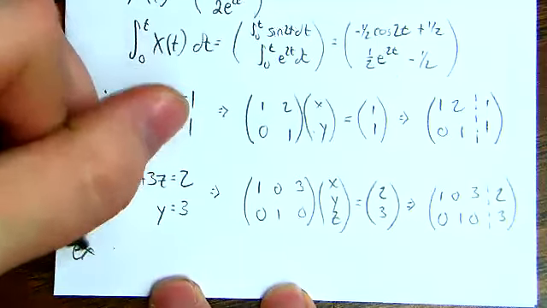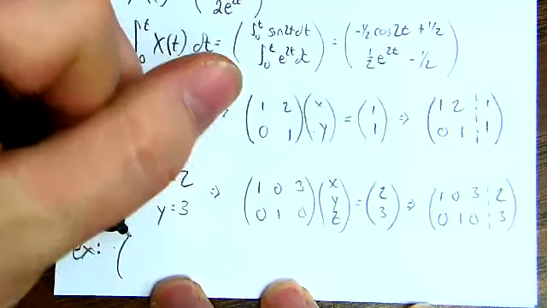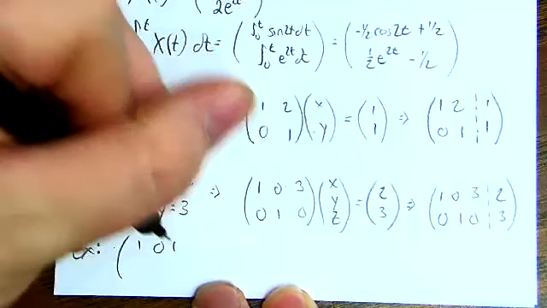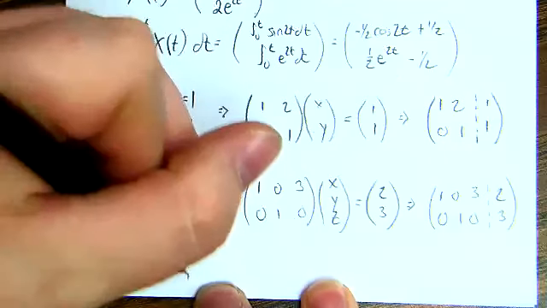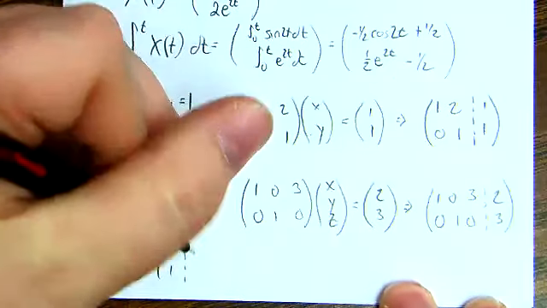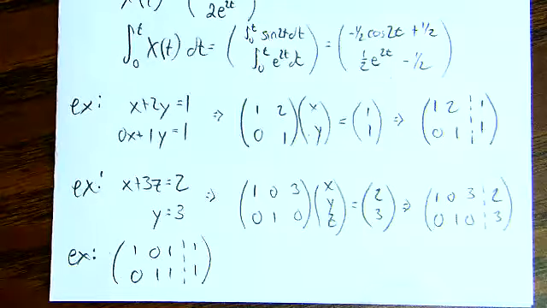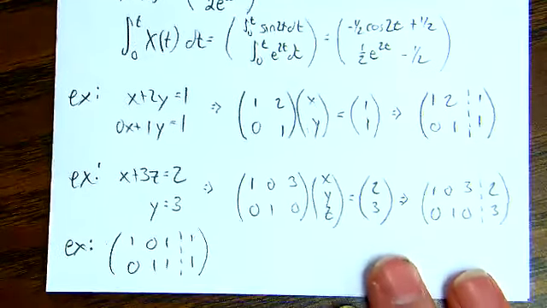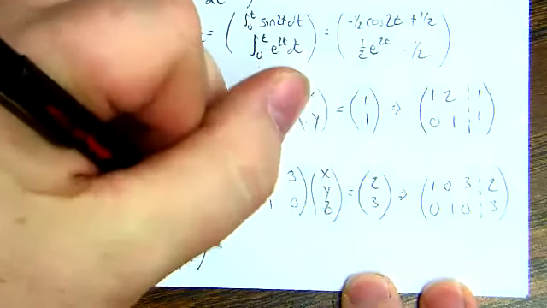And so we could take the augmented matrix 1, 0, 1, 0, 1, 1, augmented with 1, 1. And we could translate this to a system of equations using x's and y's.